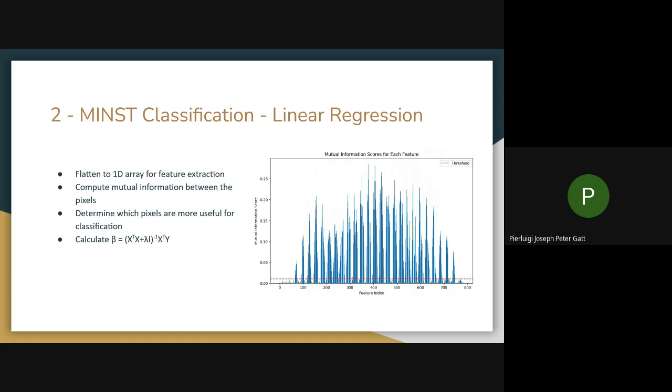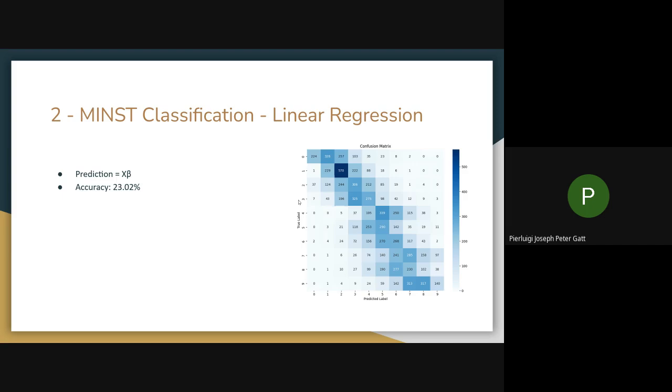With lambda, which prevents overfitting. What was it called? Ridge regression. Yeah. And doing that, we then calculate the prediction by multiplying the test data set with our beta, and we got a very low accuracy of 23%.